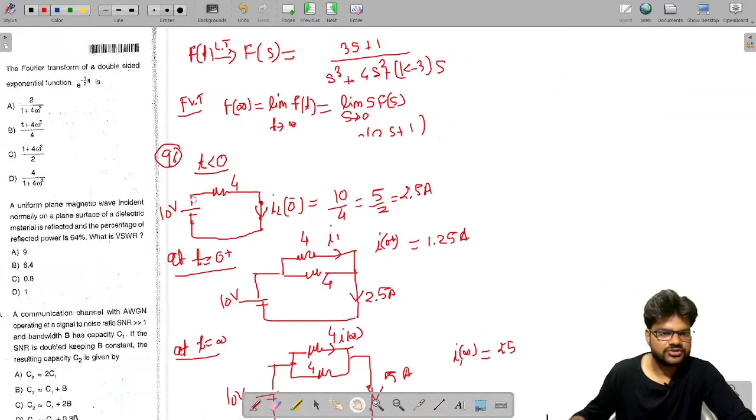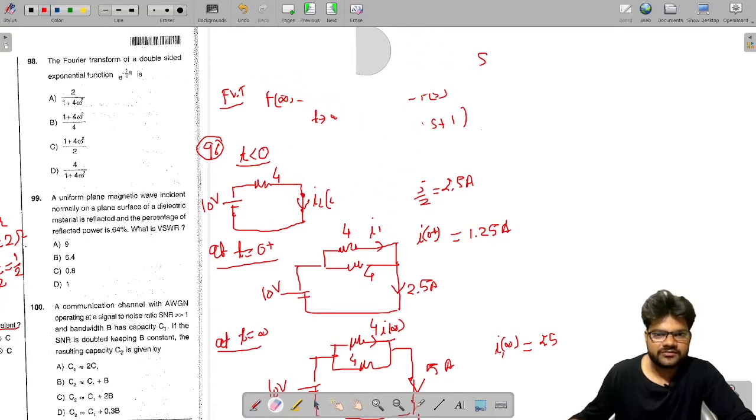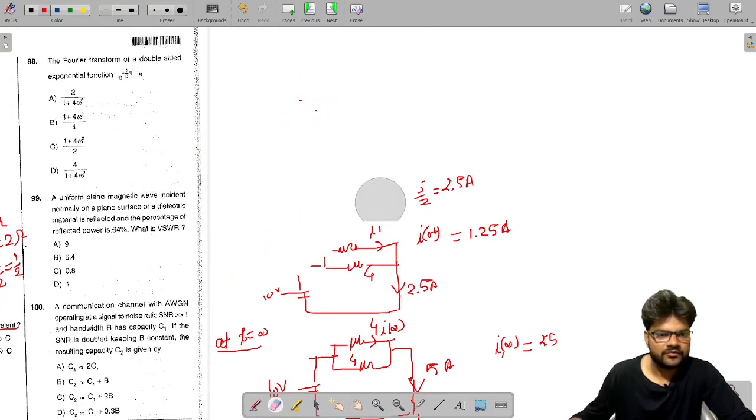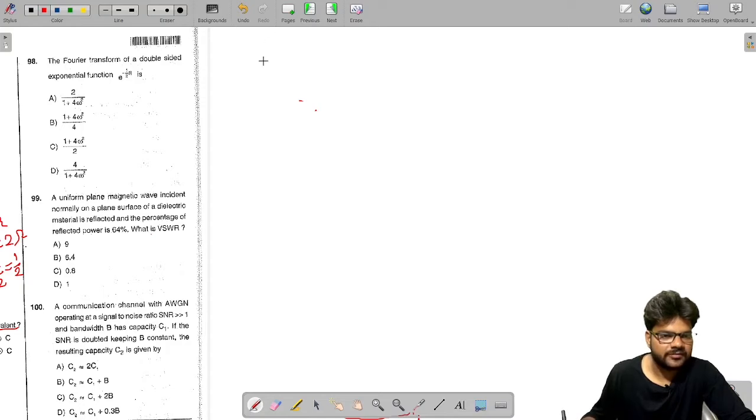Next question is question number 98. So this question is from signal and system, from Fourier transform topic. The question is the Fourier transform of a double sided exponential signal e to the power minus 1 by 2 mod t.